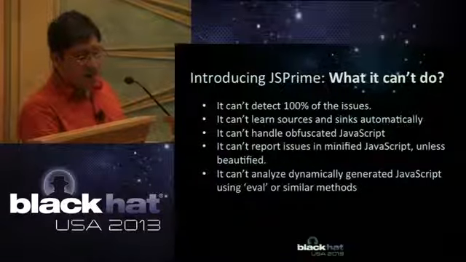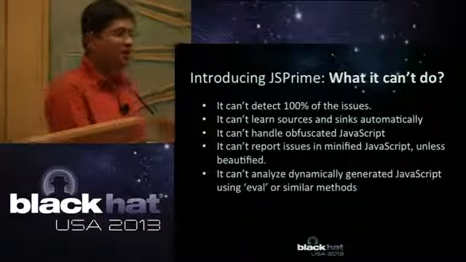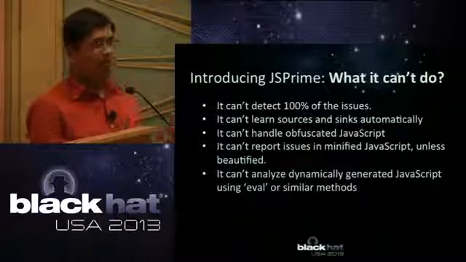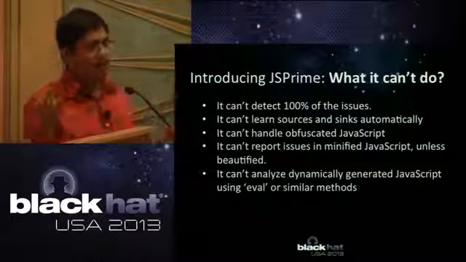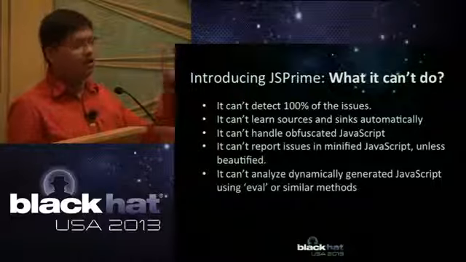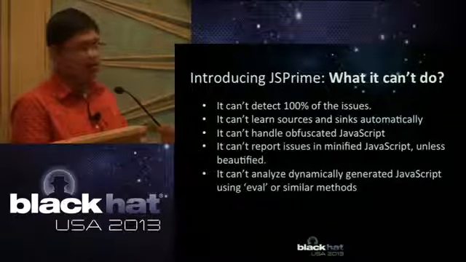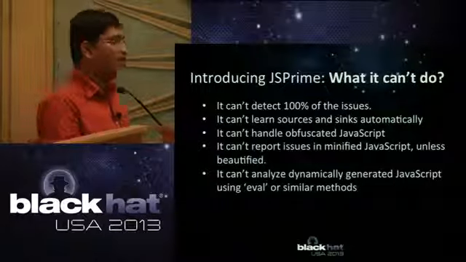It can't report issues in minified JavaScript unless beautified. So there's a catch here. It can analyze minified JavaScript, but since minified JavaScript is all in one line, it cannot actually report the issue, because it will report that line 1 has the issue, line 1 has source and sink. So you need to beautify it so that you'll be able to understand the report.